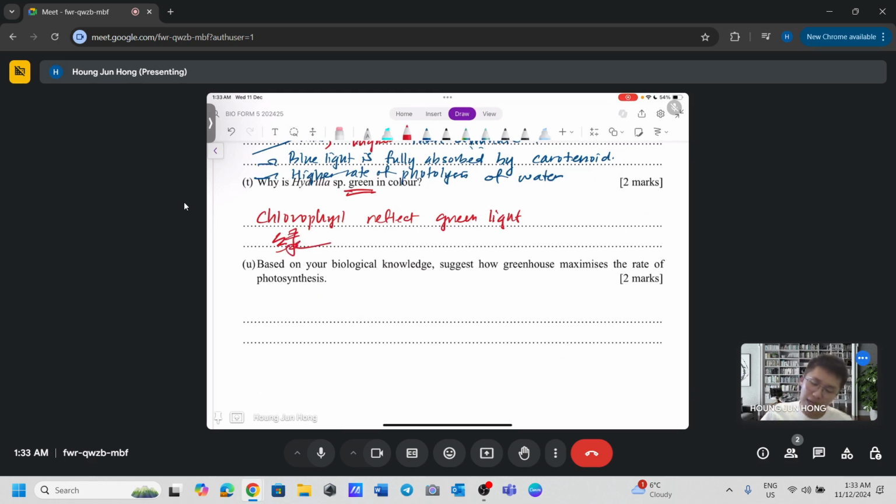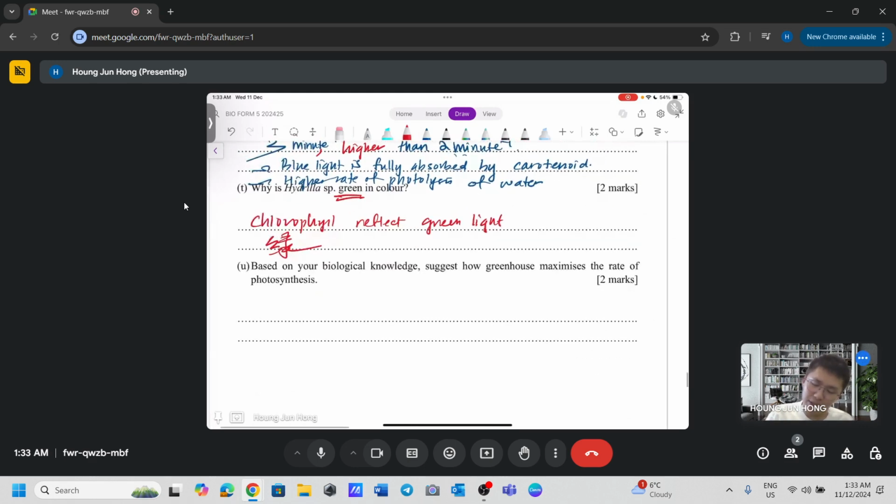Okay, next one. How does a greenhouse work? This one is very simple. Essentially, optimize all factors of photosynthesis. You can give examples, because it might be two marks, so give some examples.